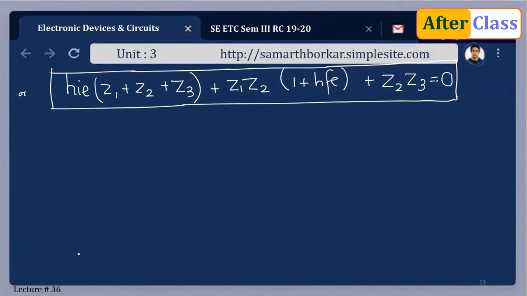But for you all to understand how we arrive at this generalized equation, let me write here. This is the general equation of the oscillator.